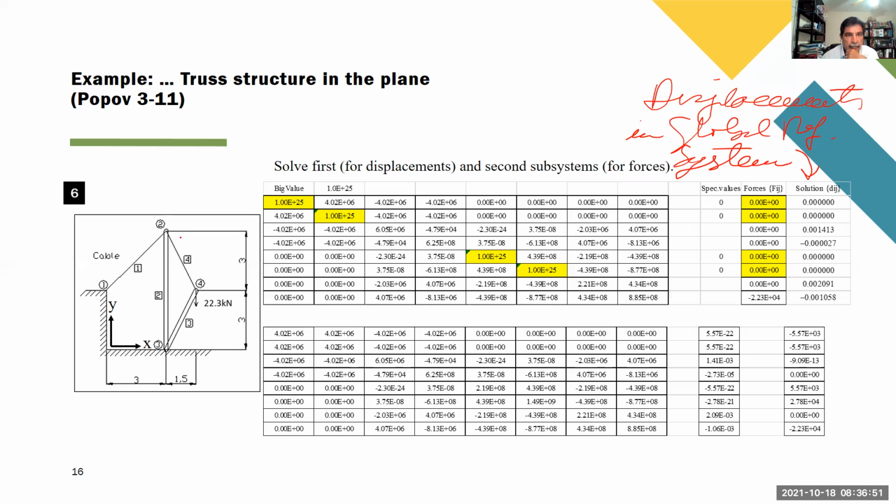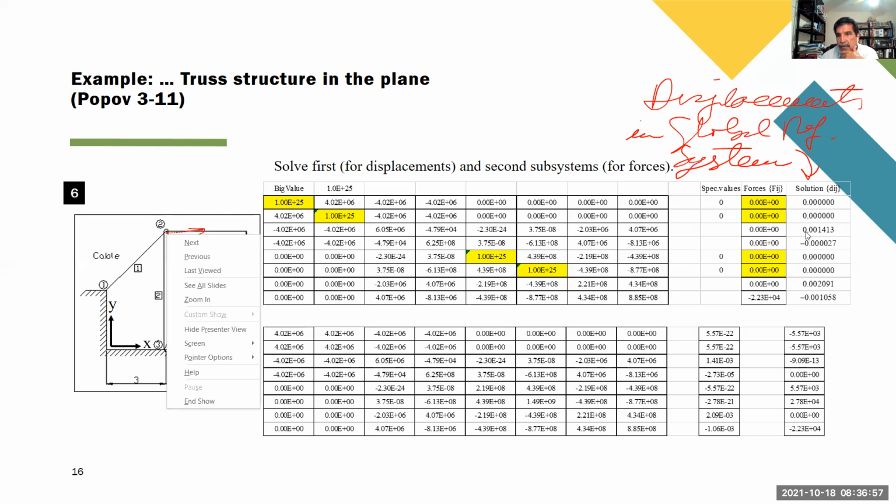So for example, here, this joint moves to the right 0.00143.